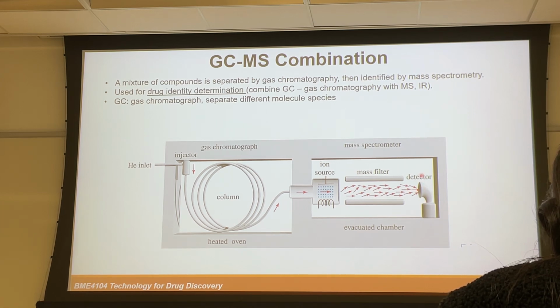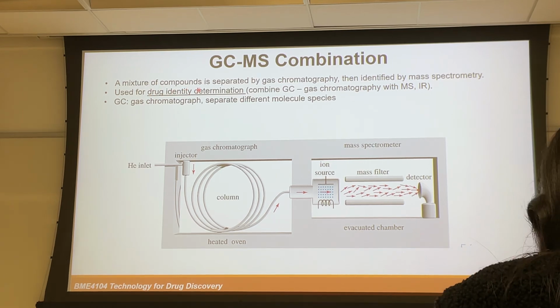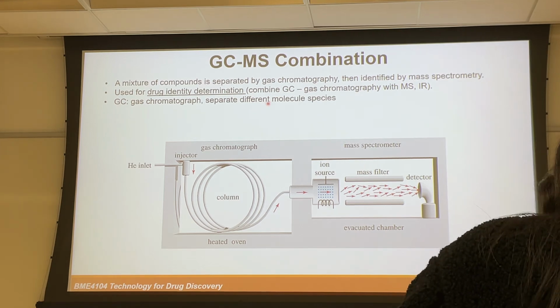Based on the location on the detector, you can infer their charge as well as their mass, so you can calculate the ratio, and there is a lot of information you can get. You can usually see a GC-MS combination in the instrument, and that is commonly used for drug identity determination.